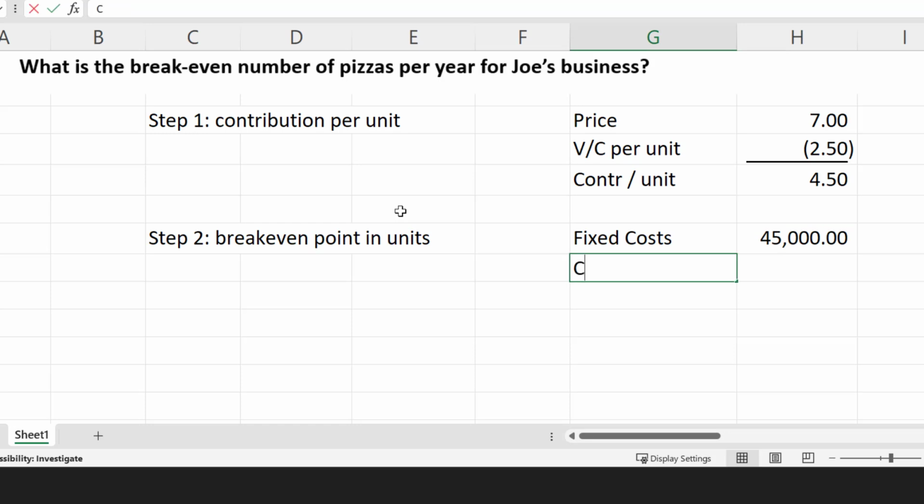And we know the contribution per unit from above is that $4.50.